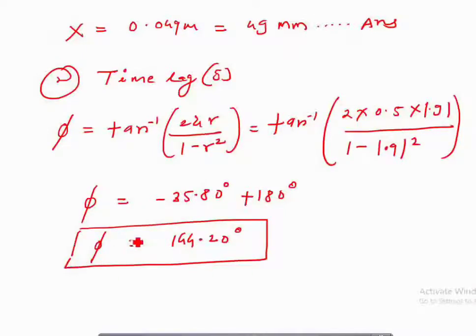Okay. Now once you got phi, you can easily calculate alpha. Alpha is equal to tan inverse of 2 zeta r. So by putting 2 zeta and r here, I am getting 62.37 degree. Now what is phi minus alpha?